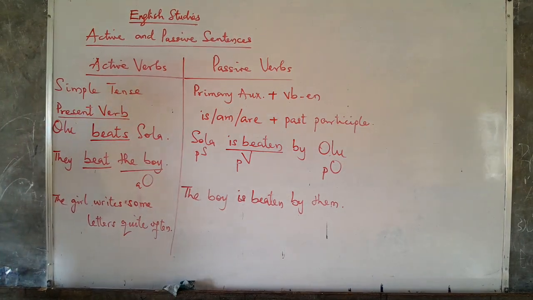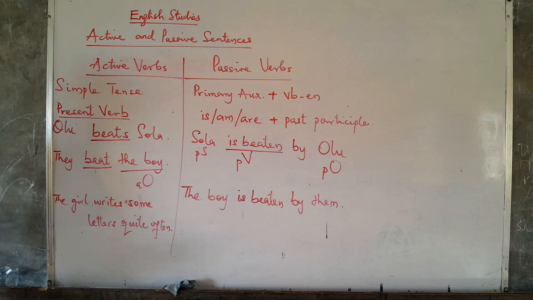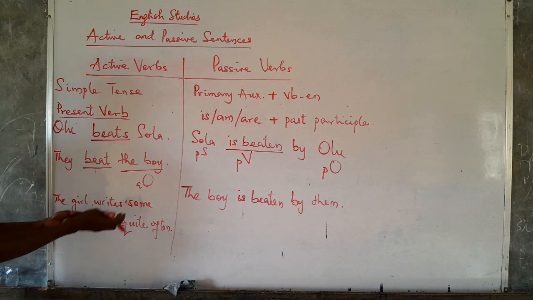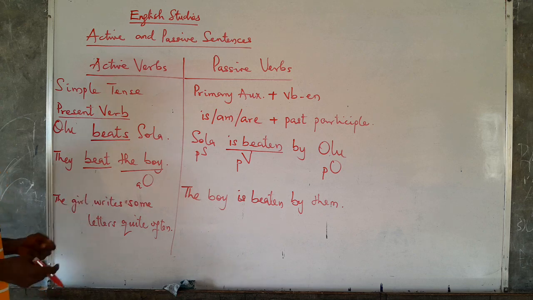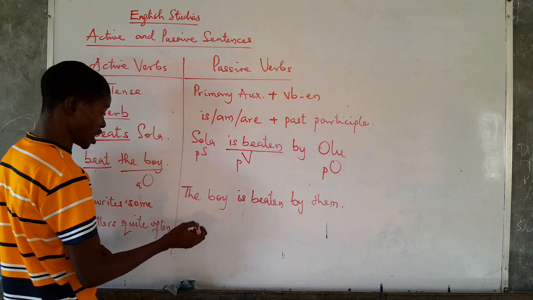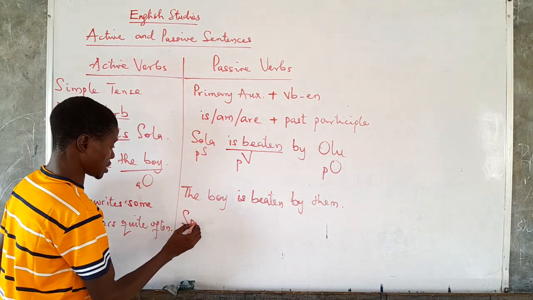The girl writes some letters quite often. How do we convert this to passive? It's very simple. Do not waste your time. Do not make a mistake. Bring out your object. Use it as a subjective case here. You now have this as the answer.